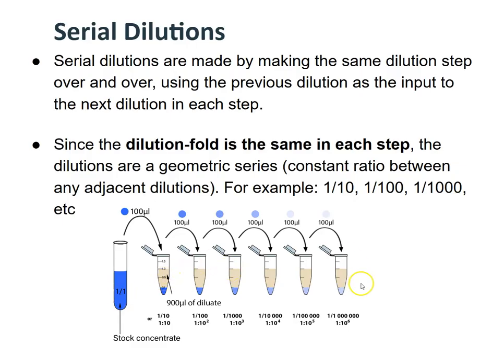Each one is a 1 in 10. But if you look at this one, because we've done 1, 2, 3 dilutions now, this is a 1 in 1,000 dilution compared to the original. By the time we go through all our dilutions, so 1, 2, 3, 4, 5, 6 serial dilutions, this one is a 1 in a million dilution compared to this one.